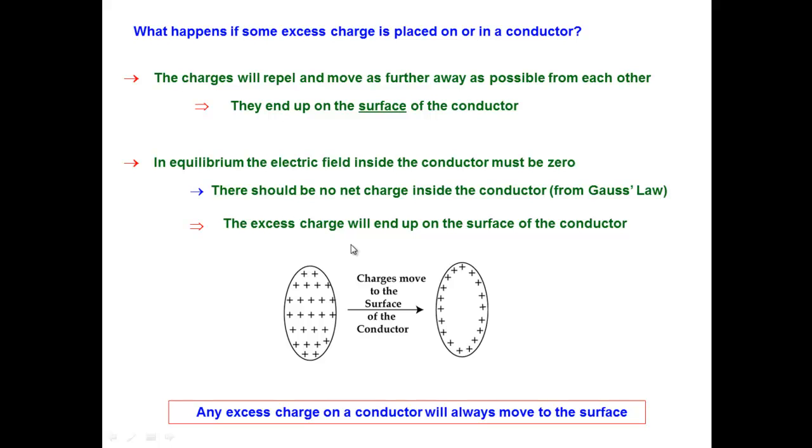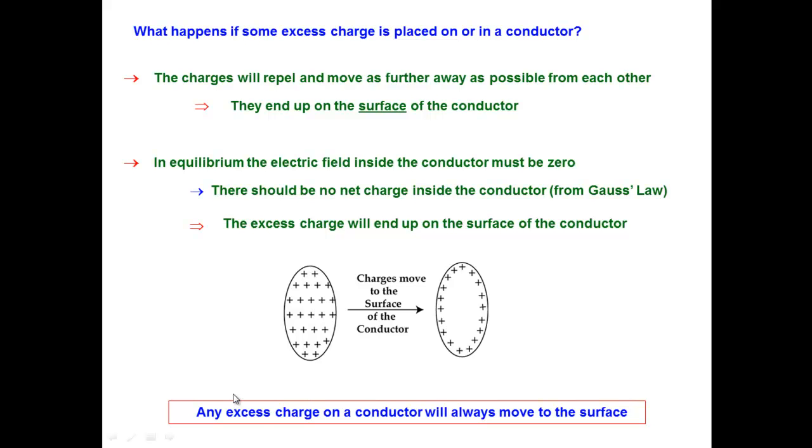If I have an oval-shaped conductor here, and I draw a Gaussian surface that's just a little bit smaller than the conductor surface itself, and the electric field on that Gaussian surface is zero, as we know must be the case, then inside that surface there wouldn't be any charge. So if we put charge on a conductor, or even in a conductor, it will move so that there won't be any net excess charge in the interior. All of it will be on the surface.